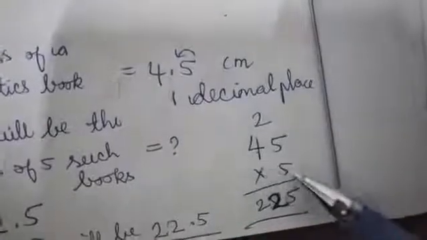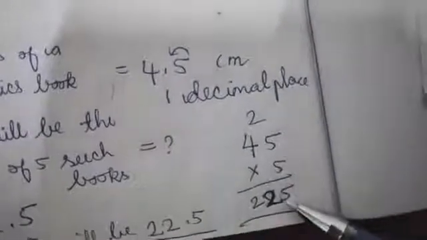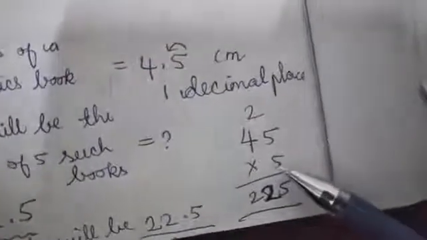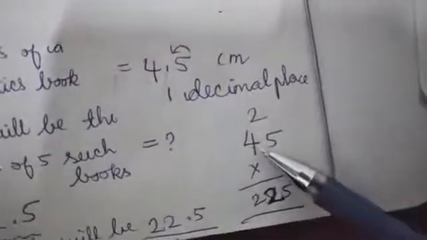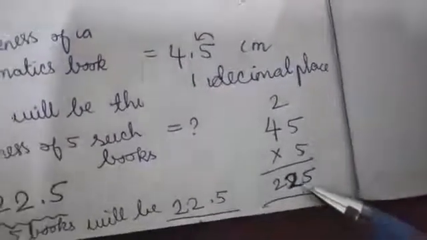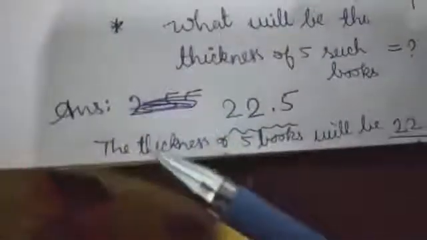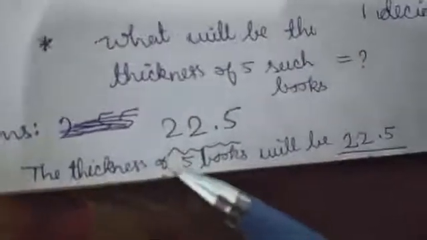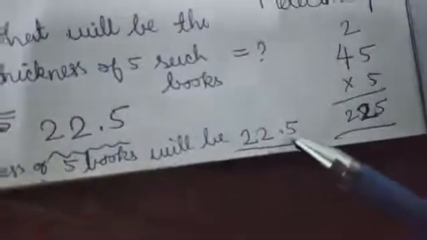Now multiply the given number as a whole number, we have to take it. 45 multiplied with 5. 5 5s are 25. Put the 5 here. The remaining 2. Then 4 5s are 20 plus 2, 22. 225 is the product we got. But when we write the answer, we will write as a word sum. The thickness of 5 books will be 22.5.